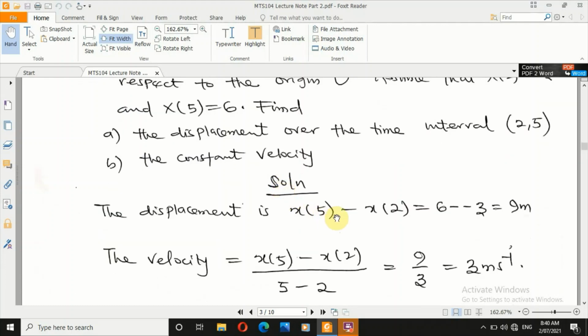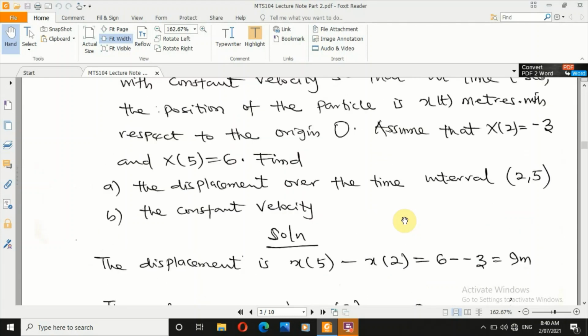So the displacement will be x of 5 minus x of 2, because we are finding it over the interval. That means that we have 6 minus (minus 3), and that is 9 meters. You notice that here we are only talking about the displacement over the time from 2 to 5.